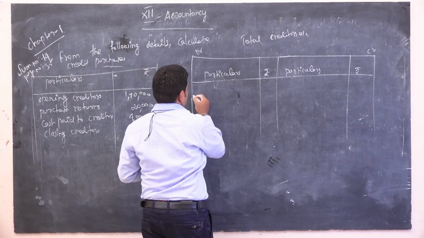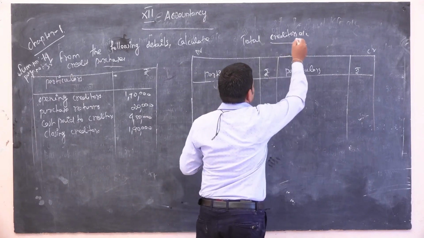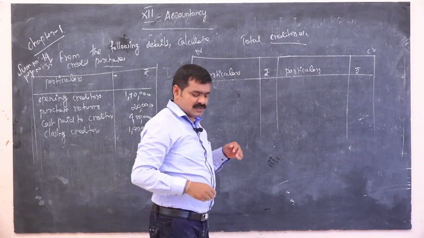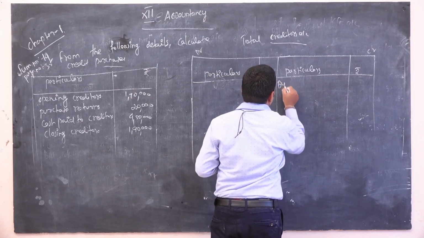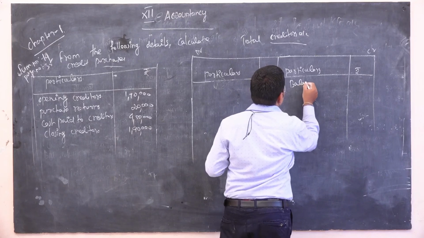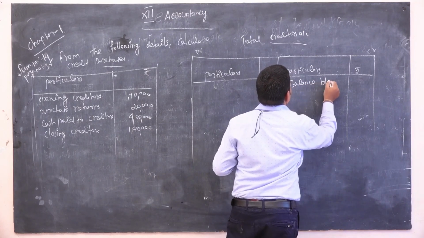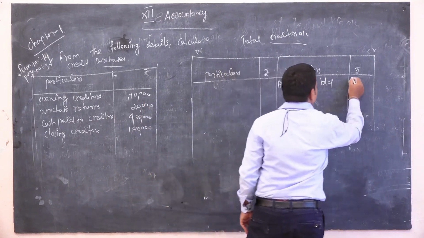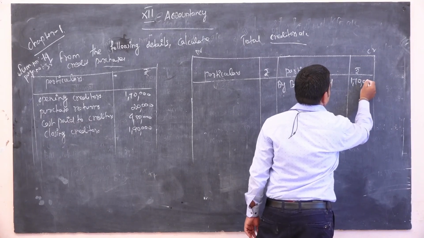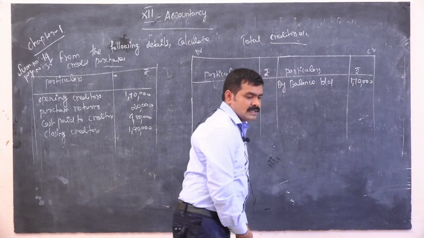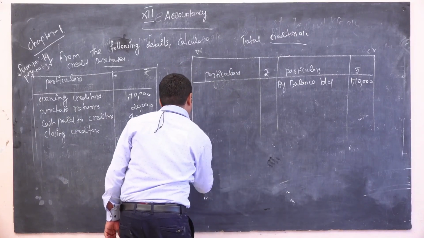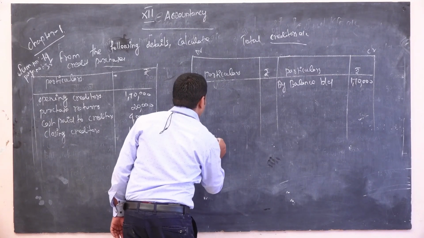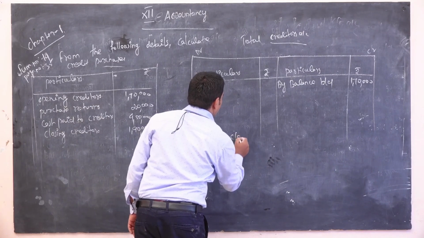Creditors is one of the liabilities, so the opening balance comes under the credit side. By balance brought down, the amount is 1,70,000. Next, the closing balance, to balance carried down.